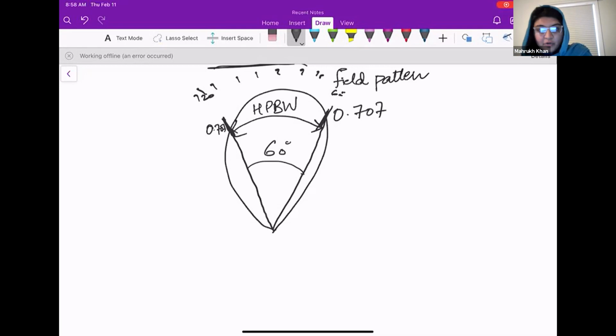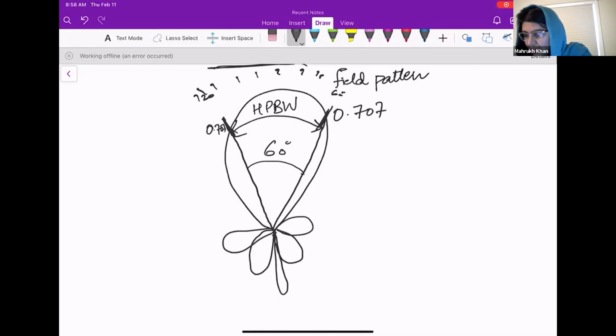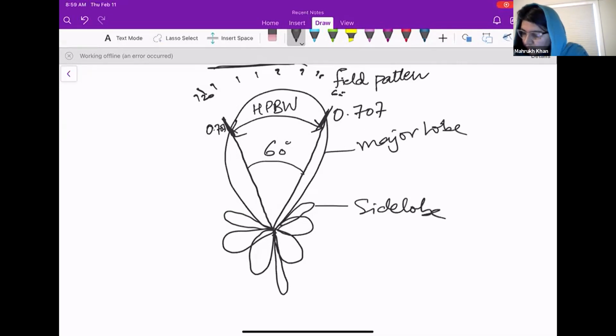But what is the first null beam width? We were seeing that these were our lobes. These are side lobes, and this may be another lobe. These are the side lobes and this is our major lobe. So what is the first null beam width?